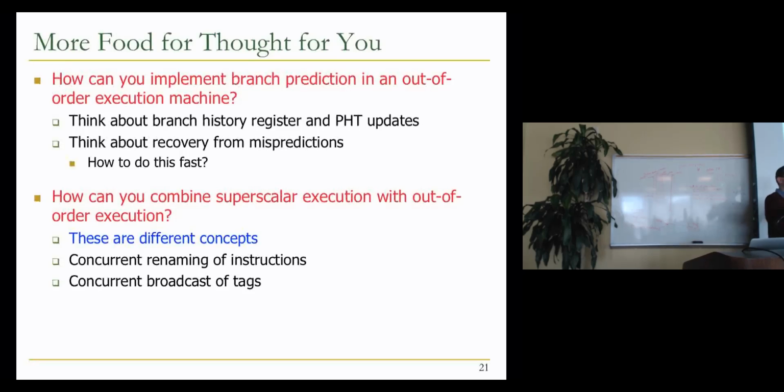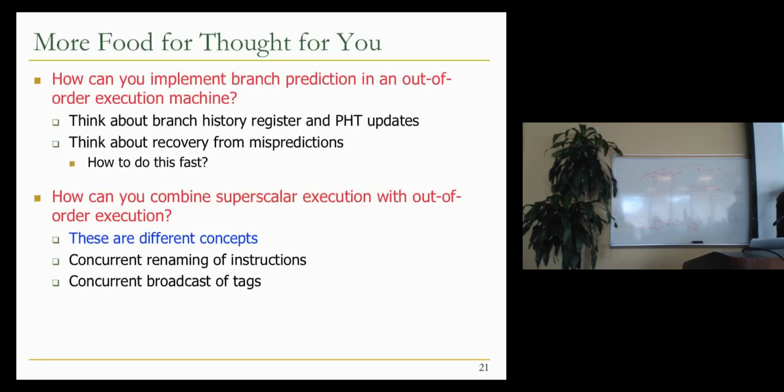You fetch, decode, issue, dispatch, execute, commit multiple instructions. Out-of-order execution means out-of-order dispatch. You can have a superscalar machine with in-order execution, and you can have an out-of-order machine that's single wide, that's scalar. Which means that these are totally orthogonal concepts.